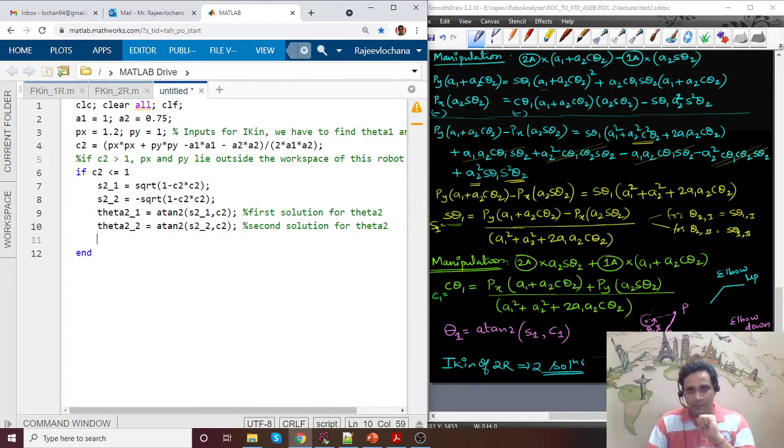Now if you observe, in both the cases the denominator is the same. Since the denominator is the same, it is much better to have it as one expression.